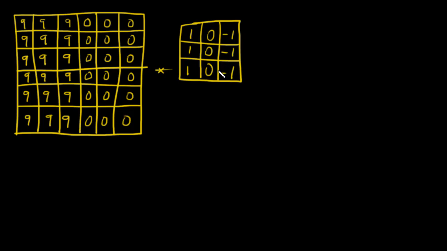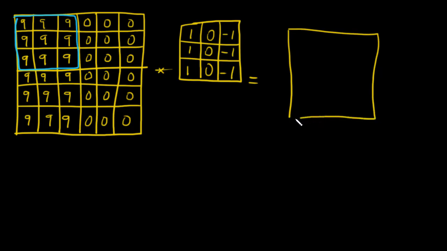Okay? Now, if I convolve this again with the pixelated image, I can get this 3x3 right here. I'll start off with that. And so I'm going to wind up with a 4x4 with the following values.